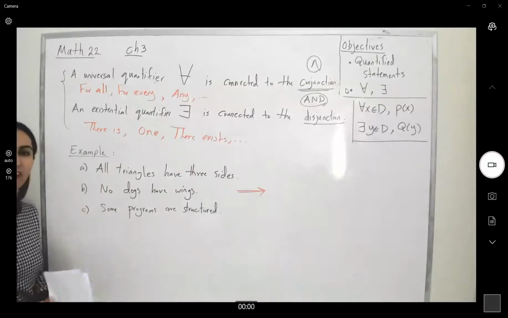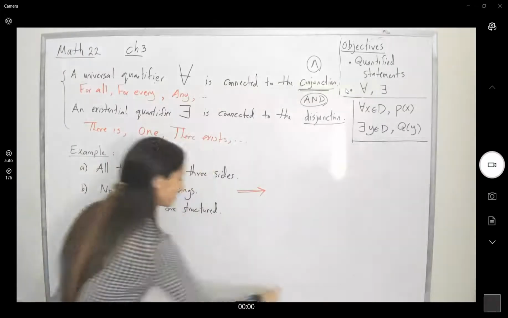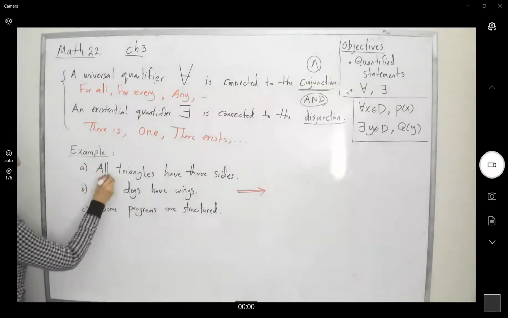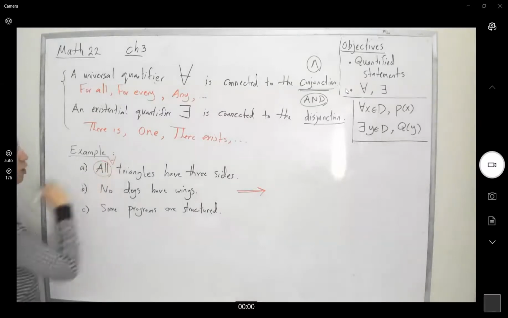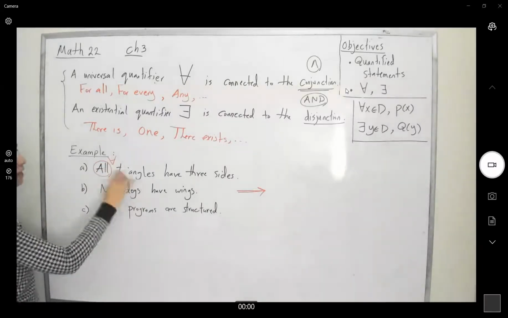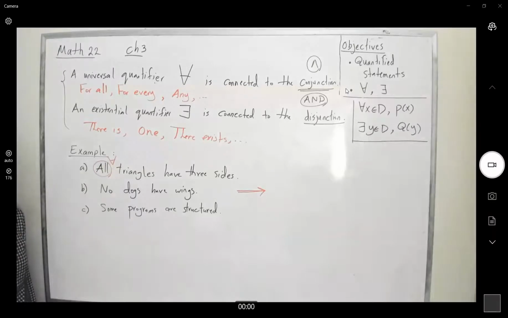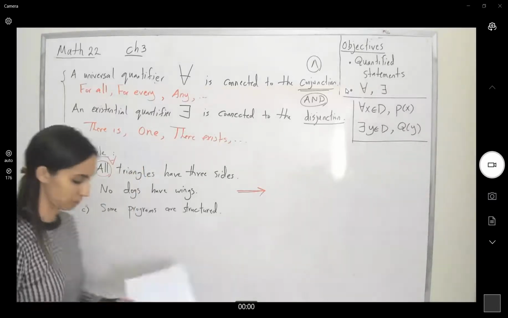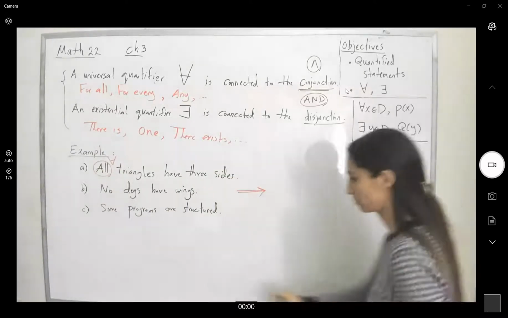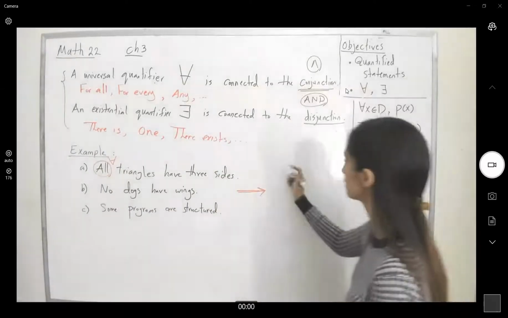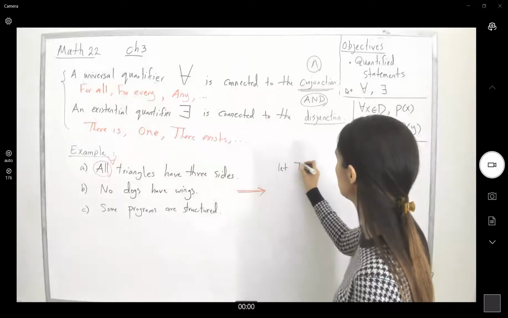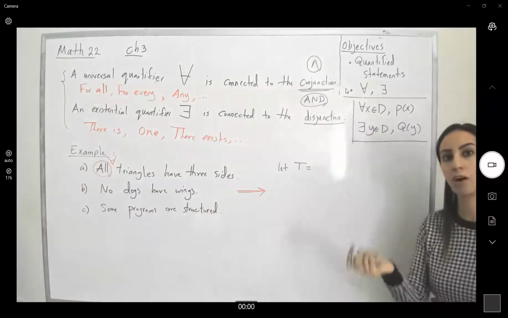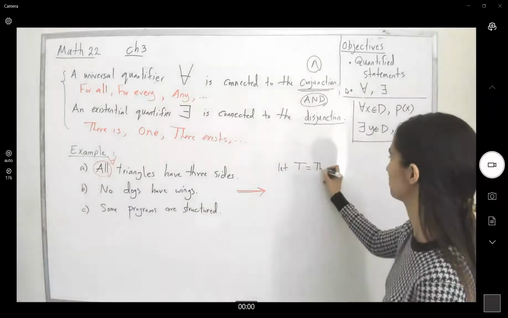Because of all, we're going to use a universal quantifier. All, or for any. Triangles, there we go. I need to define a domain that includes all triangles. So I'm going to define the domain this way. Let T be the set of all triangles.